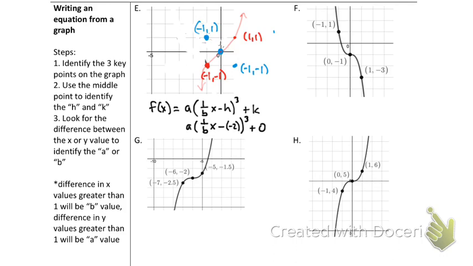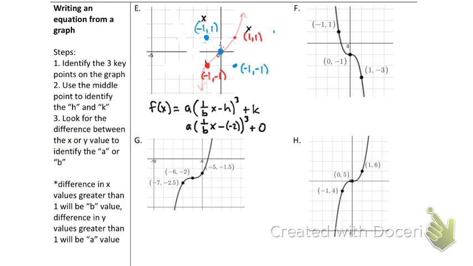I want to look at my X values, because my X values are actually going to determine my B value. And that's what it states over here. Okay? Your X value will identify your B value. Your Y value will identify your A value.